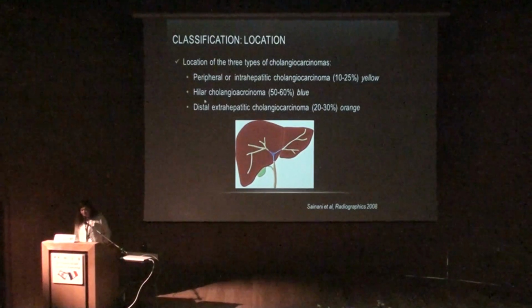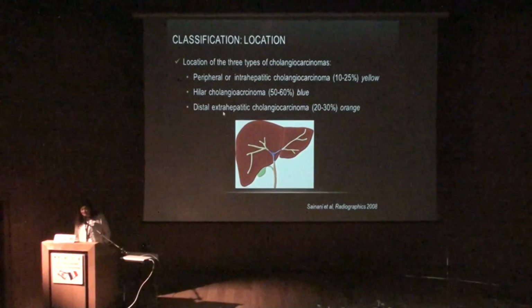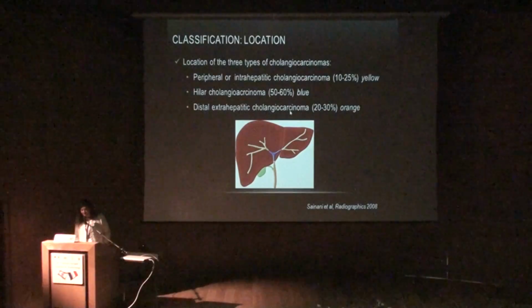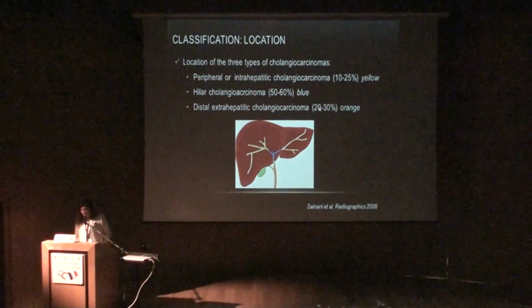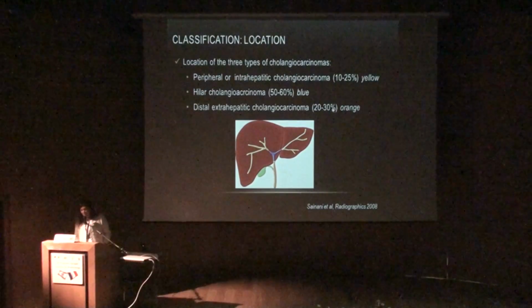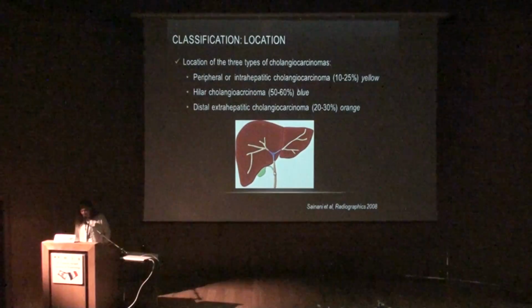And the third type is distal extrahepatic cholangiocarcinoma, which represents around 20 to 30% of all cholangiocarcinomas. You can see here the location.